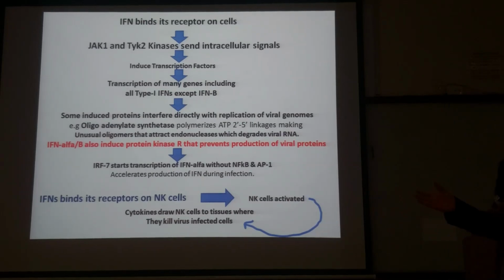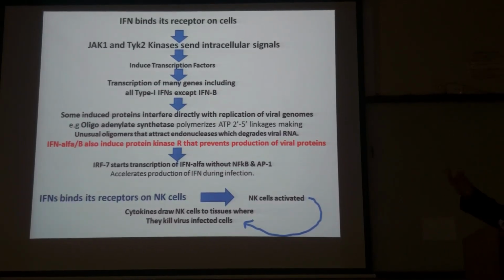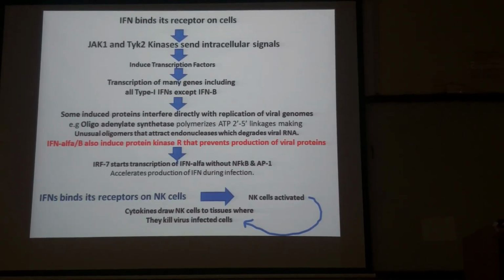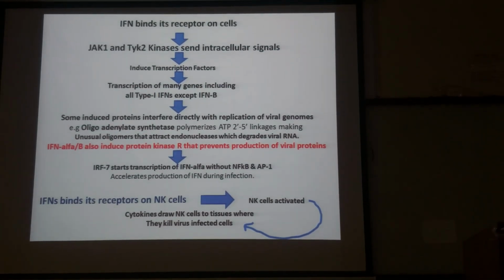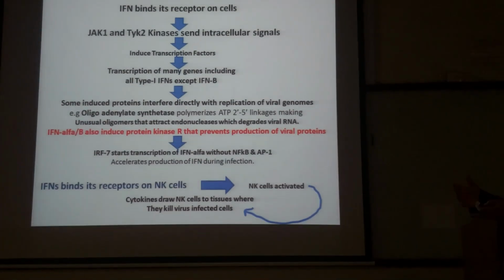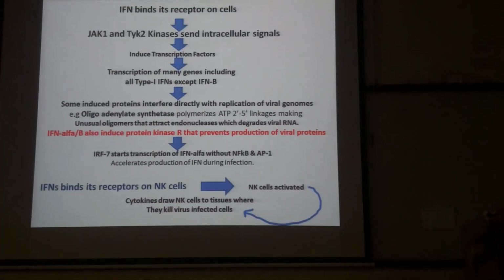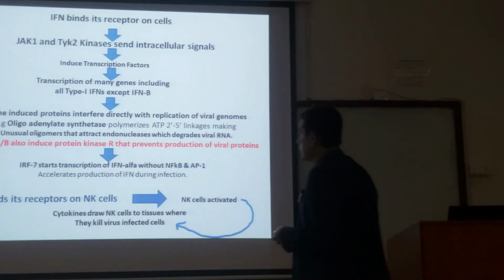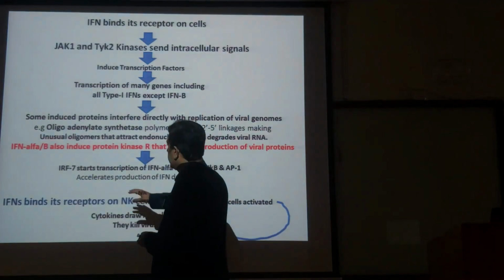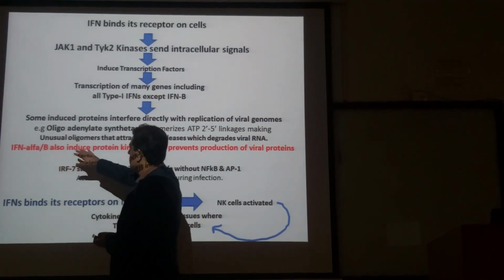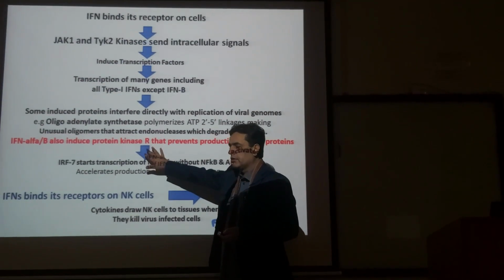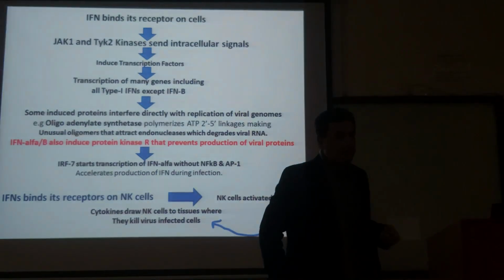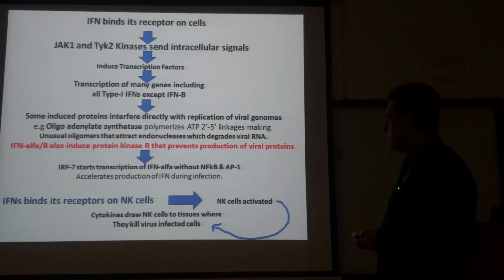So these are the genes induced by interferons or other induced factors, with the help of these peptides the viral nucleic acids are just gotten rid of. Now, interferon alpha and beta also induce protein kinase R. This is another enzyme that is doing phosphorylation.